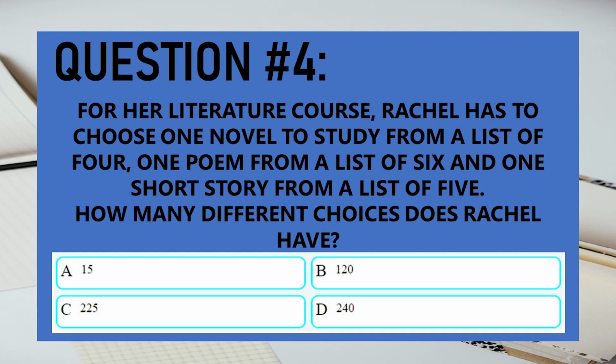Question number 4. For her literature course, Rachel has to choose one novel to study from a list of 4, one poem from a list of 6, and one short story from a list of 5. How many different choices does Rachel have? Letter A, 15. Letter B, 120. Letter C, 225.